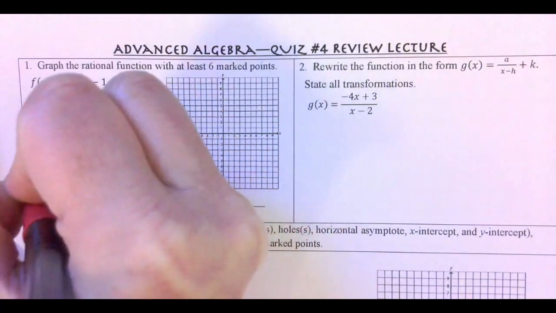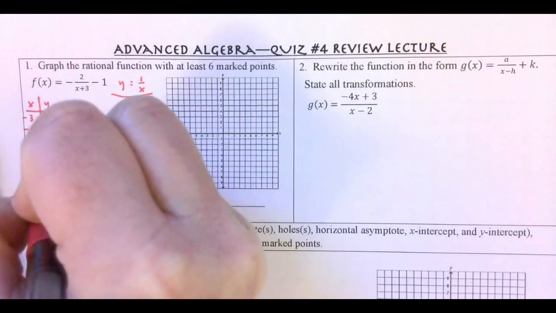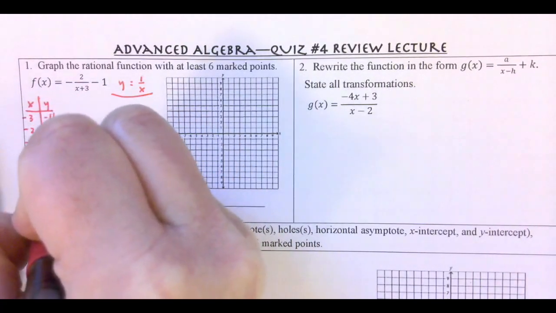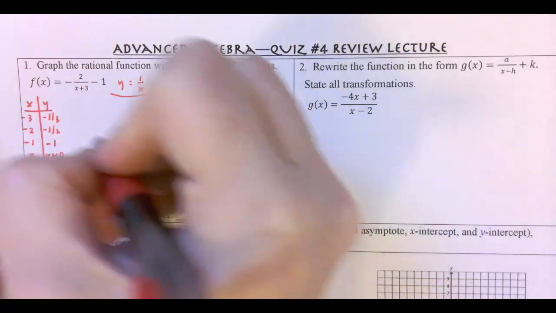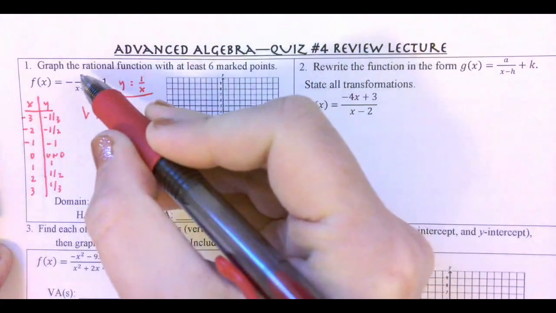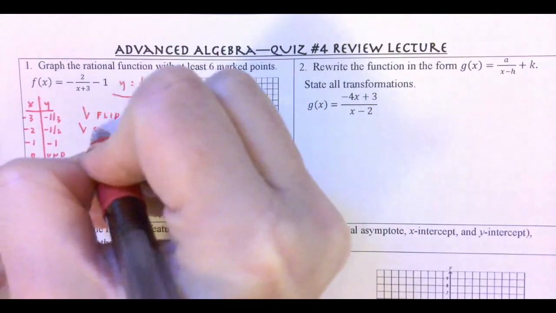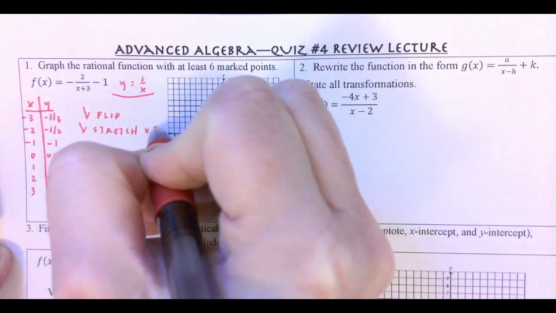If I input 0, it's undefined. Okay, 1, 1/2, 1/3. Okay, when I look at the structure, I see that negative out in front, so that tells me vertical flip. That 2 on top means vertical stretch by a factor of 2.